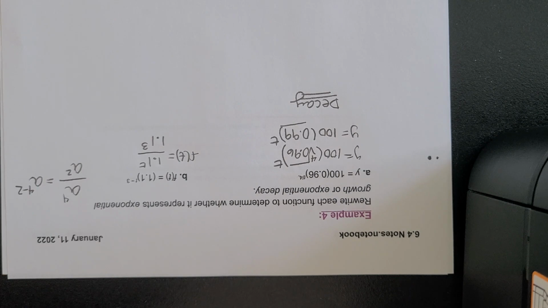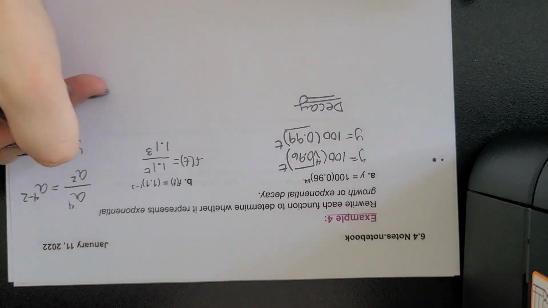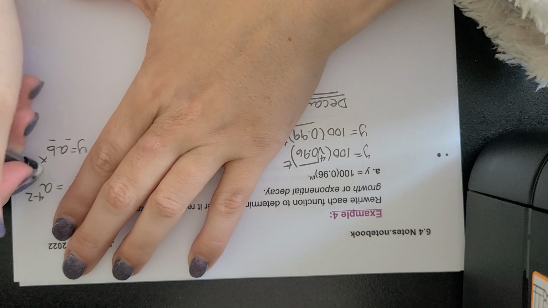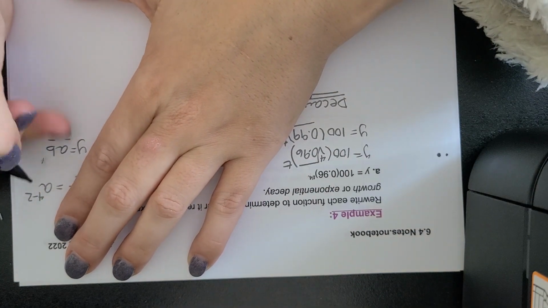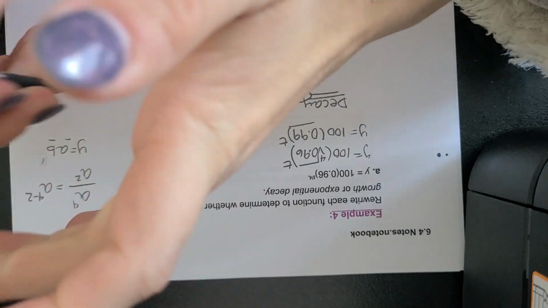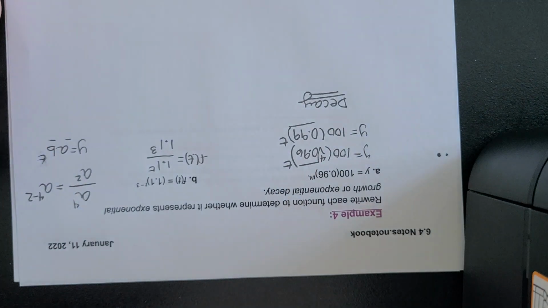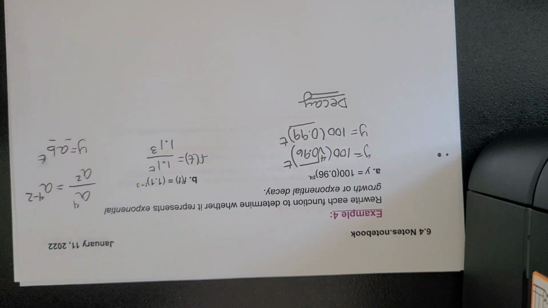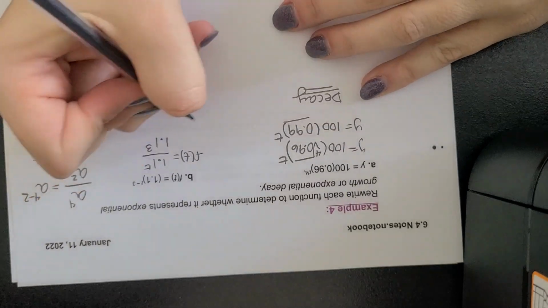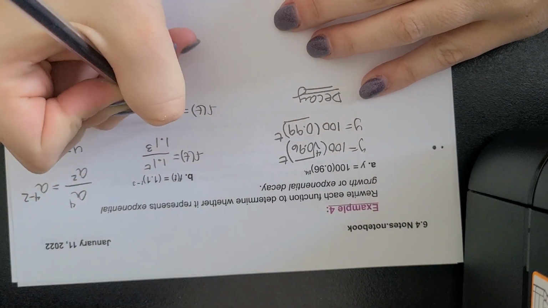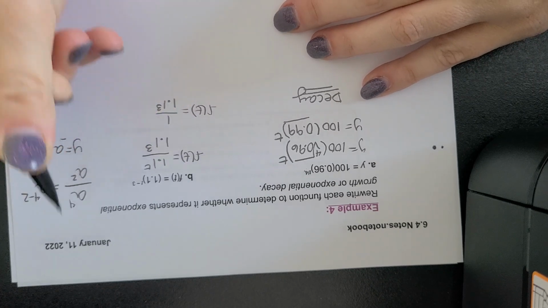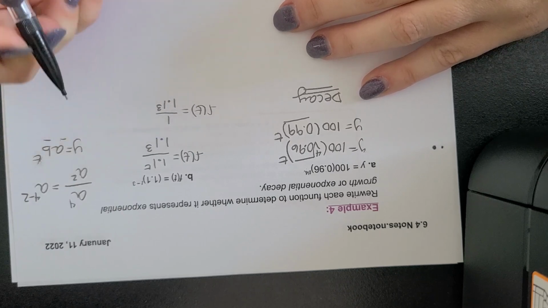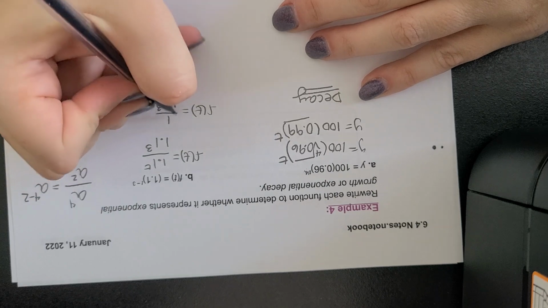Okay, now we need this to be a b to the power of t. So I need to separate these so that I have an a and a b. Right now I just have a big fraction. So what I'm going to do is take this and remove it out front, and since it's on the bottom, it's going to be 1 over 1.1 to the power of 3.